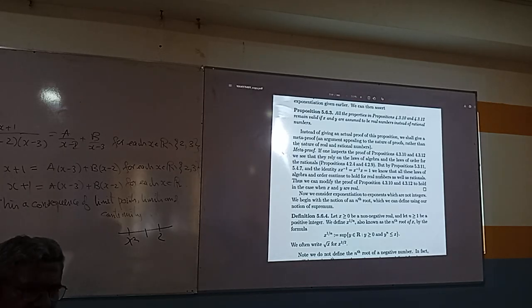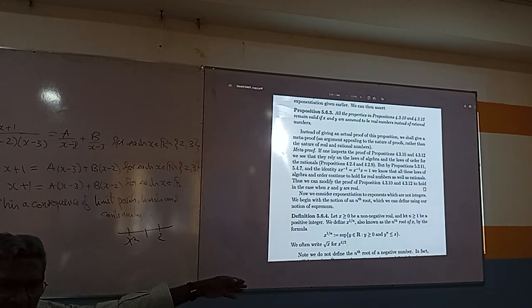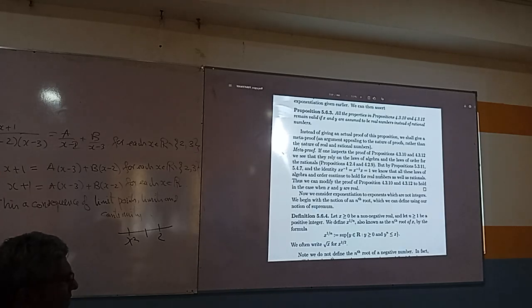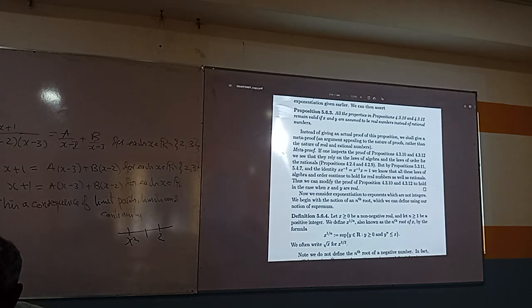Same way we define square root x. No? Over there we said supremum of all the non-negative real numbers x such that x squared less than or equal to. So here, instead of x squared, here you have x to the n. No?